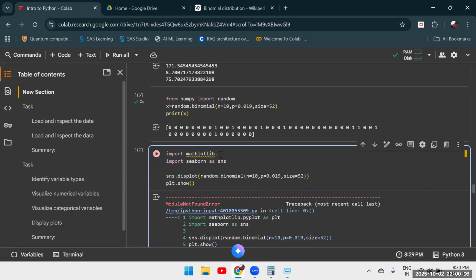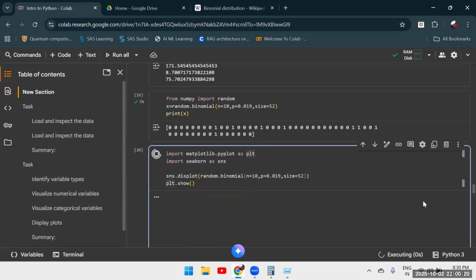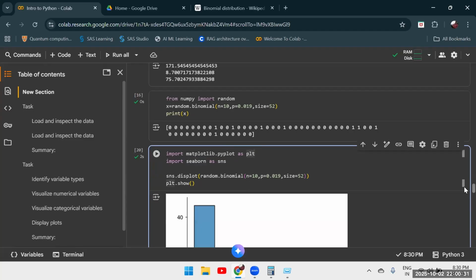I was wondering what had happened, why this was not coming. Sorry, I missed one. Matplotlib dot pyplot. Okay, now it should come. You see?